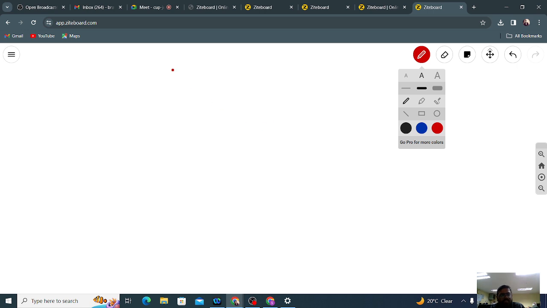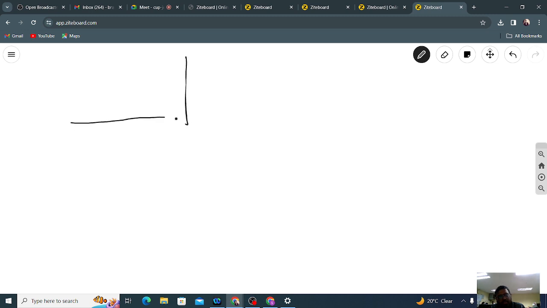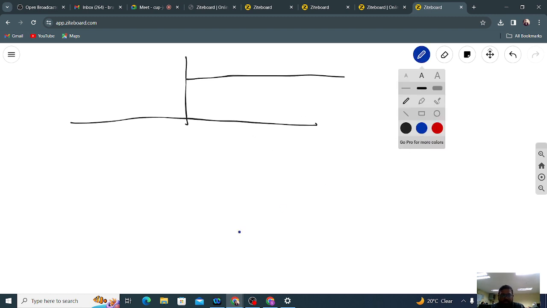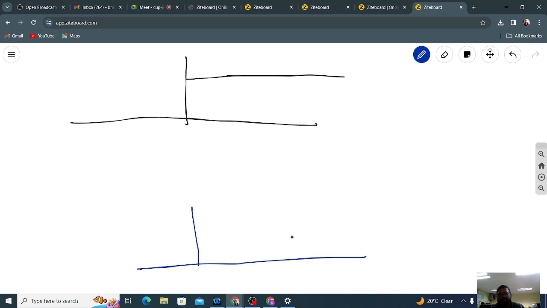So the question was, this is the signal u(t), and we have to say what will be the integration of that signal.